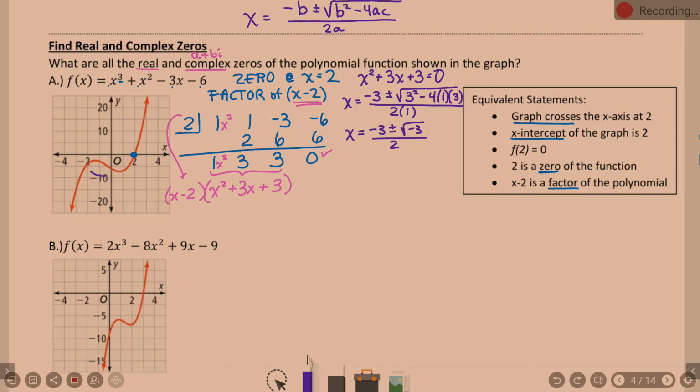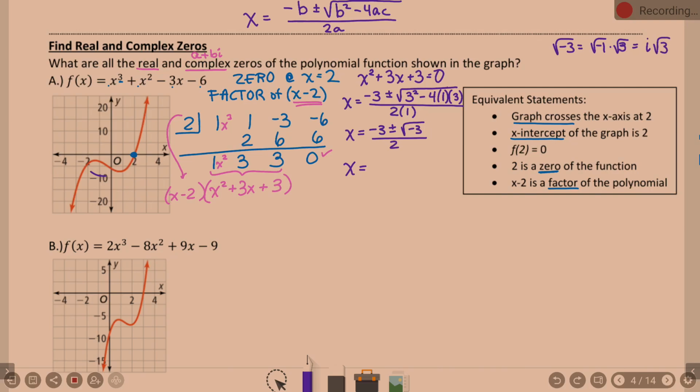Now, officially, okay, first of all, square root of negative 3. What do we know about square root of negative 3? That is square root of negative 1 times square root of 3, which we write as i times the square root of 3.